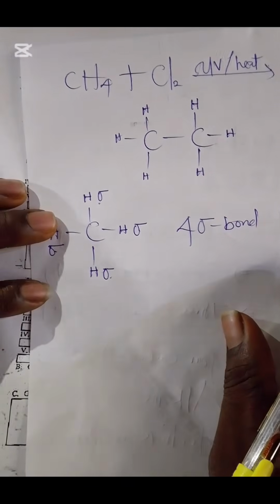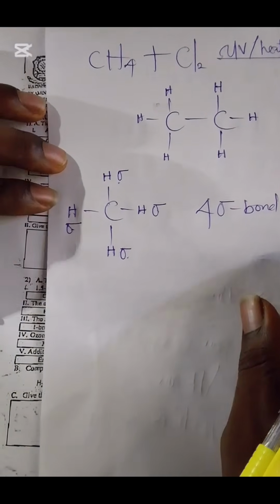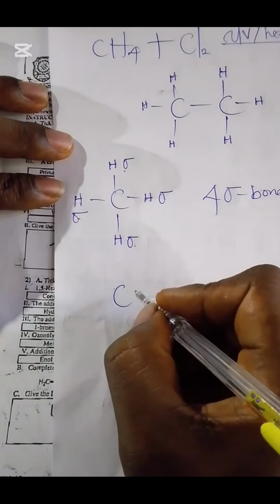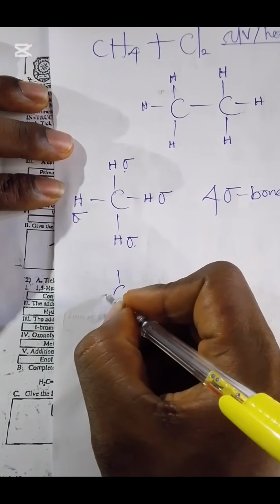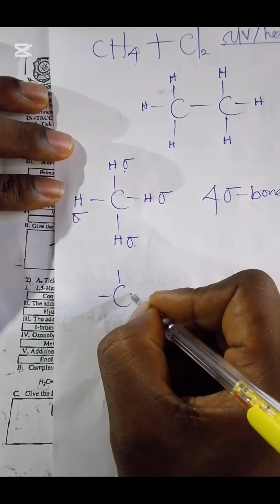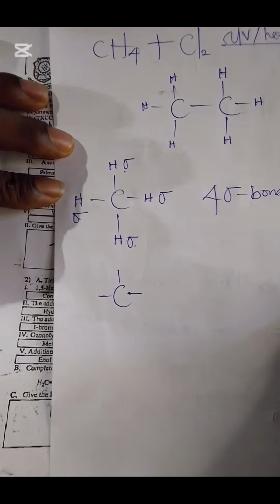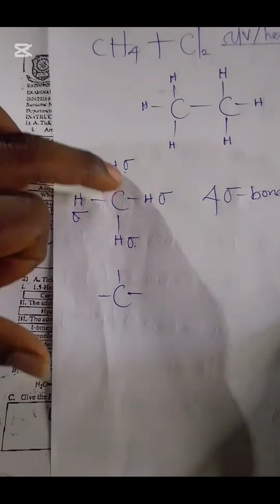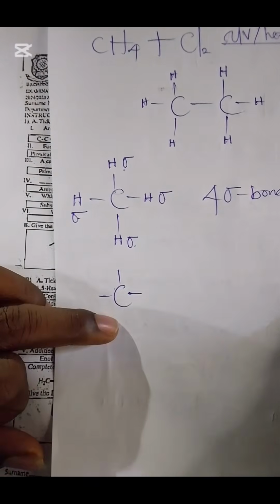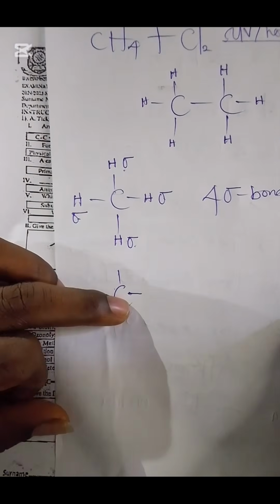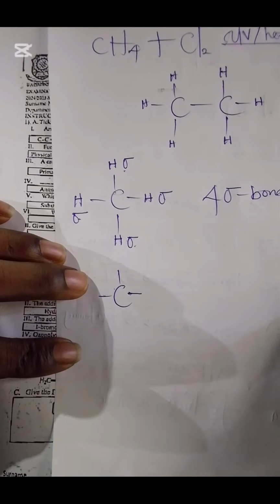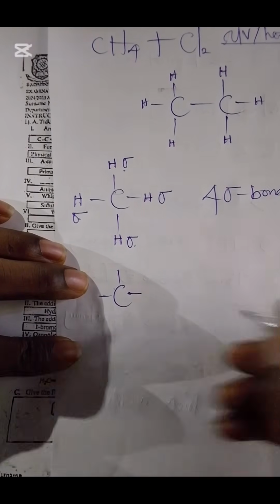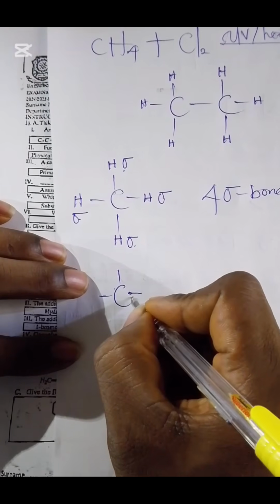This is a single bond, so we have 4 sigma bonds. Also, let's consider another example where we have a carbon atom with 3 bonds. Observation: in the previous diagram we have 4 bonds, and over here we have 3. If we come across a carbon atom with only 3 bonds, it is an alkene. This is a carbon-carbon double bond.